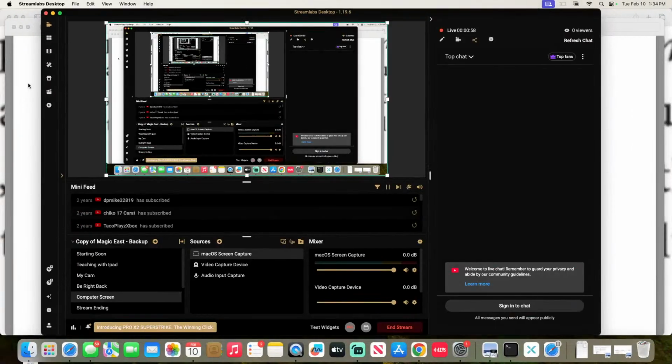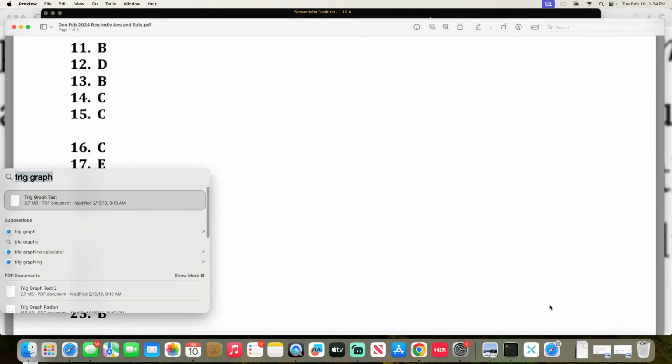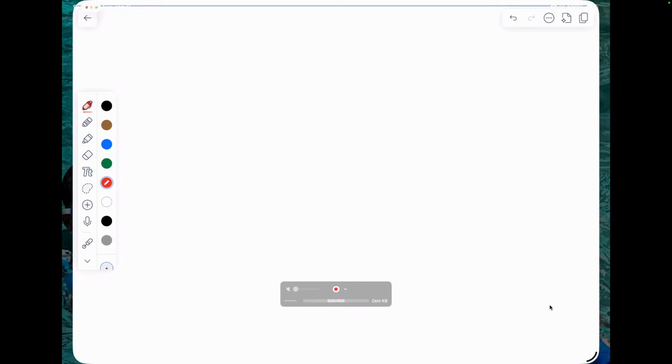I want you to graph -2 cosecant of 2x, pi over 2, -1. Oh, actually, I'm going to do secant. Okay, I want you to graph this on this sheet of paper.